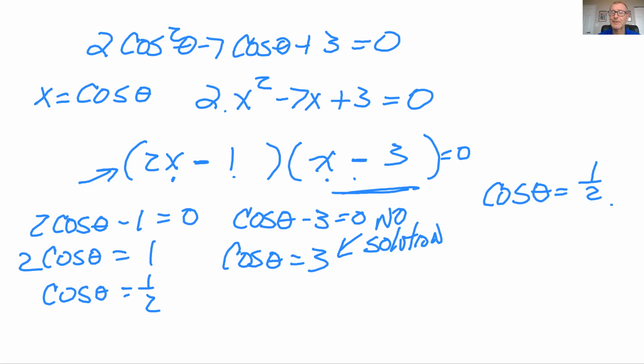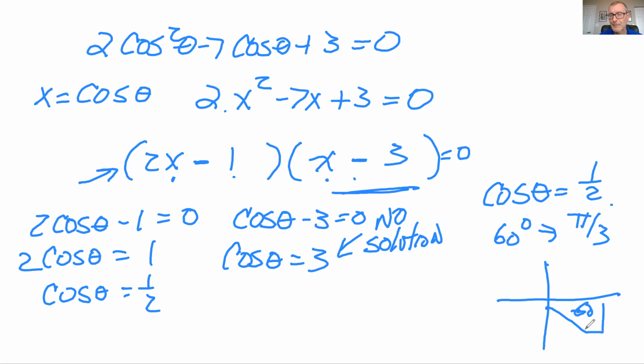And so in quadrant 1, if I looked at my little table, cosine of 1/2 is 60 degrees, or pi over 3. And so quadrant 4 would be down here. This would be 60 degrees here. So if we go all the way around, that would be 300 degrees. And 300 degrees would be 5 pi over 3.